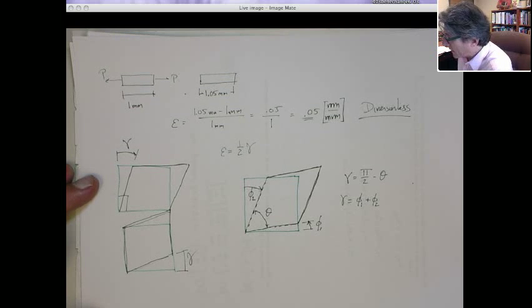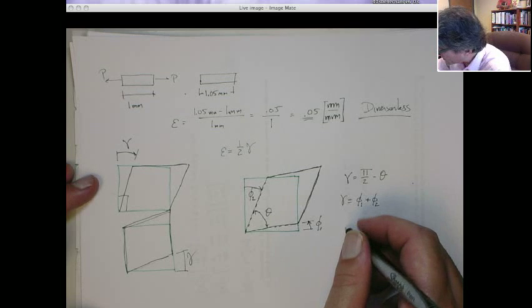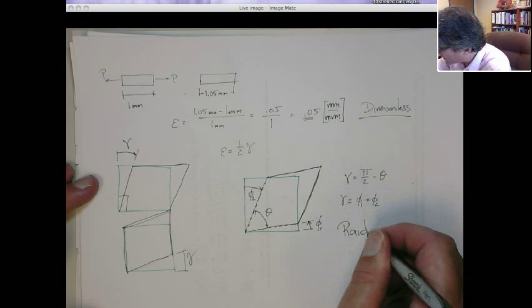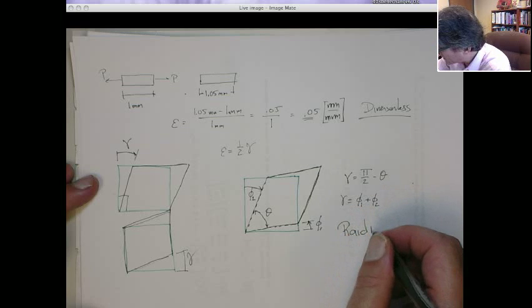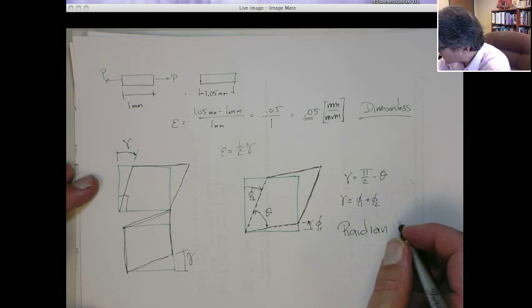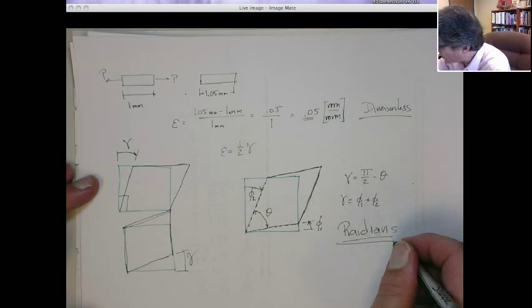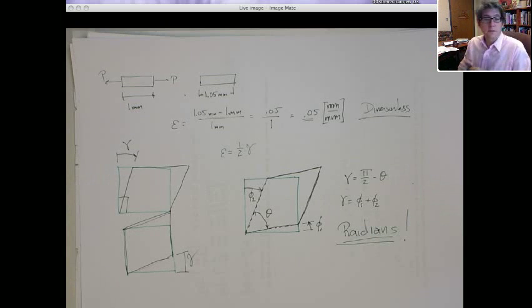Now, a couple things to note. One is when we talk about shear strains, we're talking about angle changes, but they're in radians. It's very important: radians, not degrees.